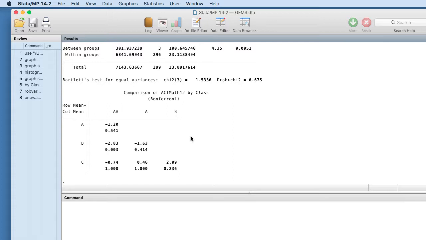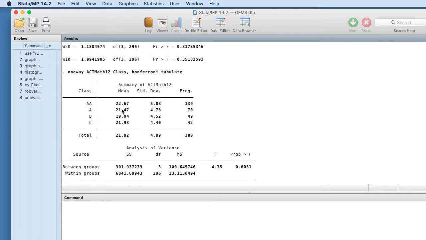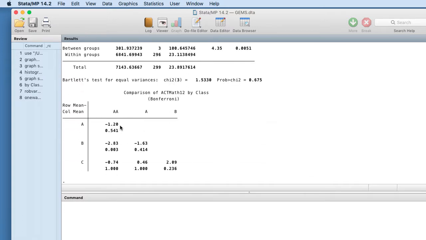So we can see that with the multiple comparisons test, if I compare class A to class AA, the difference between these means is negative 1.20 ACT score points. So if I go up here, what this is saying is that this mean subtracted from this mean is minus 1.2.